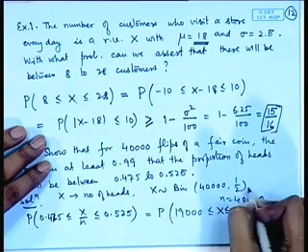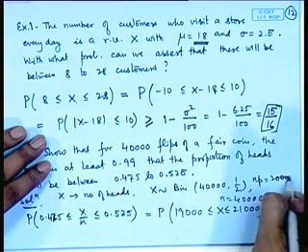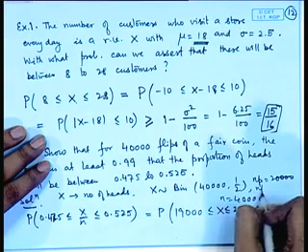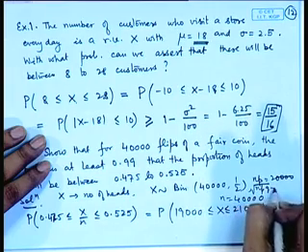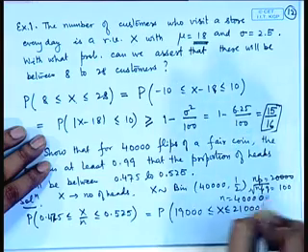Now, here mean of this distribution is np, that is equal to 20,000, and the standard deviation is square root npq, which is 100.